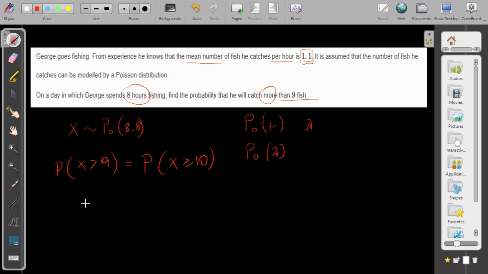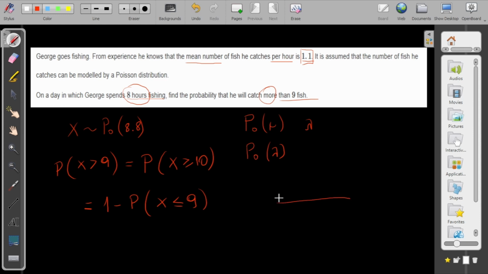Now this is always the same thing. On my TI, I calculate 1 minus the probability that he will catch less than or equal to 9, that is 9 and below. So I must calculate that probability and subtract it from 1.